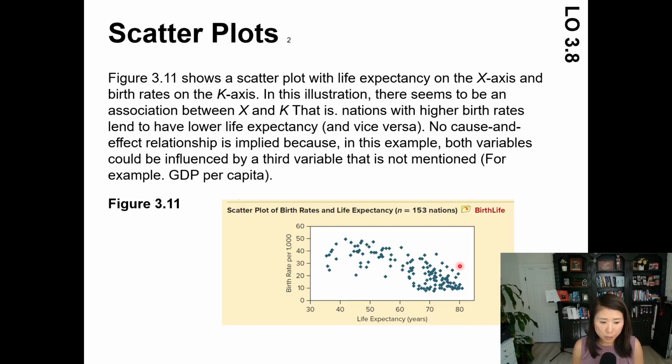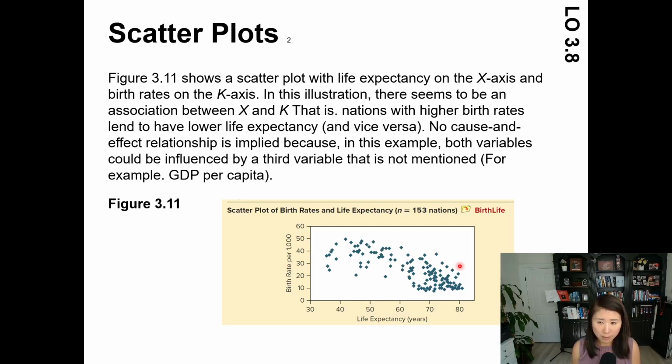I'm showing you this example: a scatter plot with life expectancy on the x-axis, and the vertical axis is the birth rate, which is my y-axis. In this illustration, there seems to be an association between life expectancy and the birth rate.